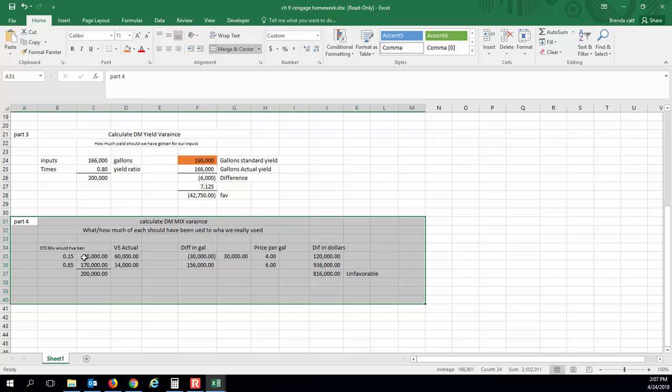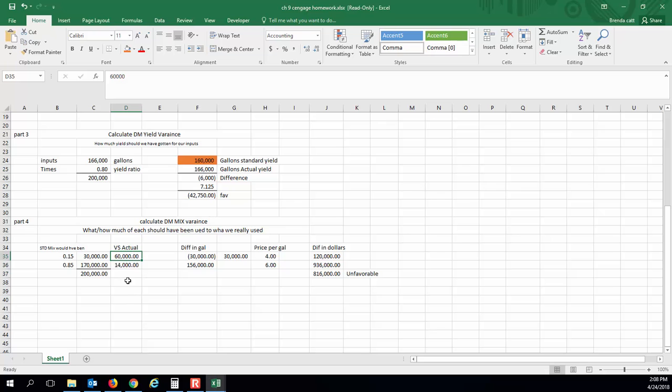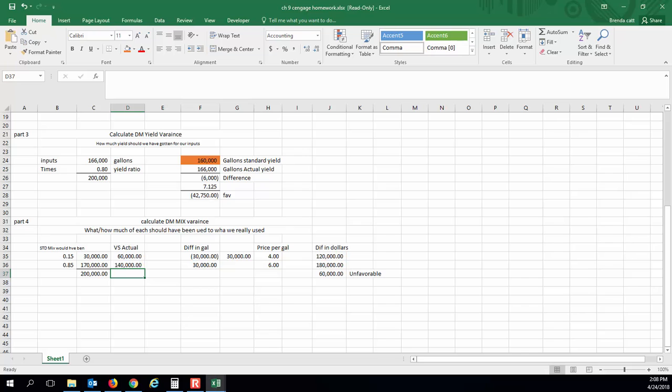So that's great. Versus our actual, I agree with this. There's the 60. You just missed a 0 here. Go back and look in the problem. It's not 14,000, it's 140. So that's all. You missed a 0. And so then you subtract.